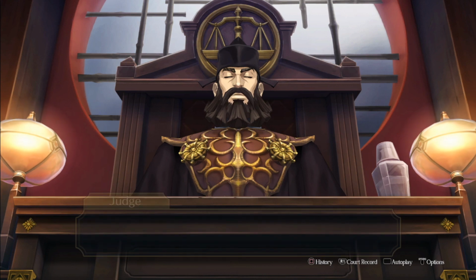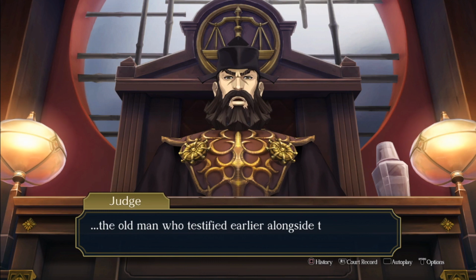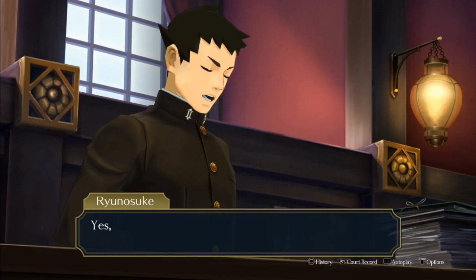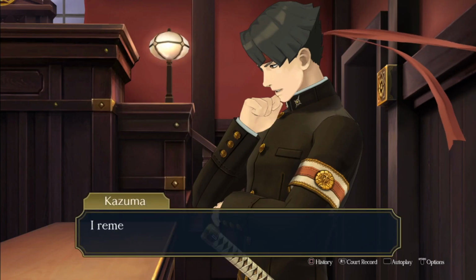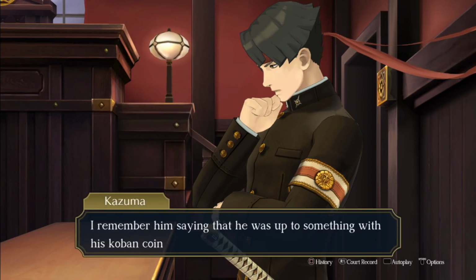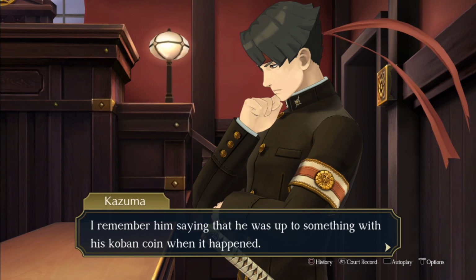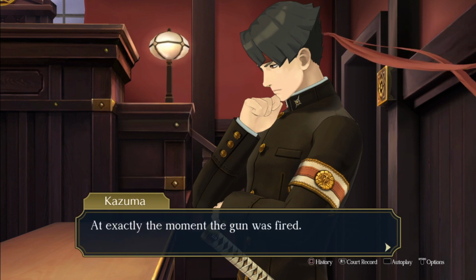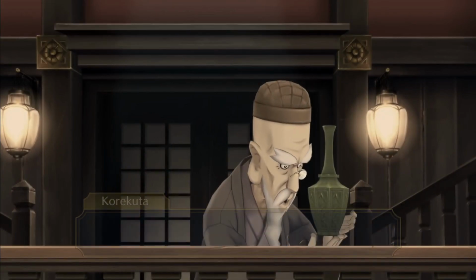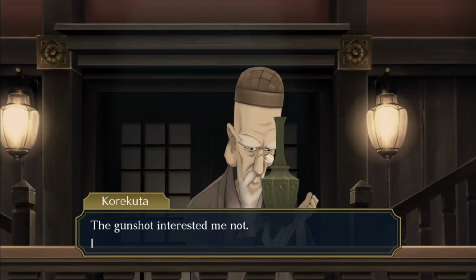Ah, yes. The old man who testified earlier alongside the military sergeant, correct? Yes, Your Excellency. I remember him saying that he was up to something with his Koban coin when it happened. At exactly the moment the gun was fired. The gunshot interested me not.